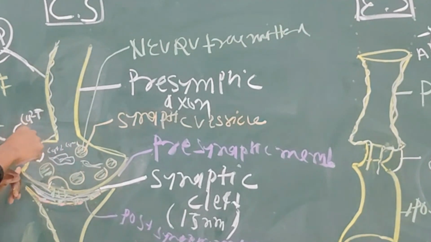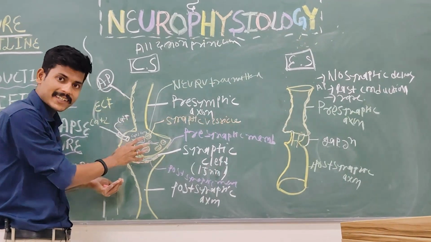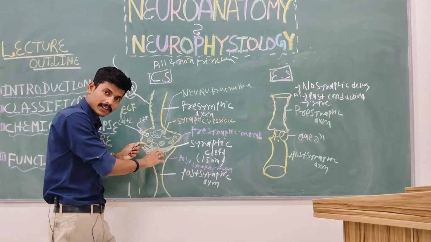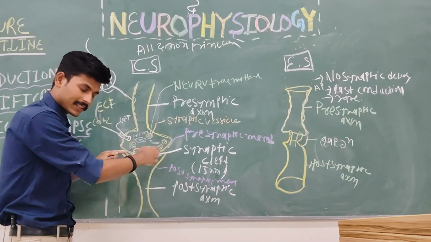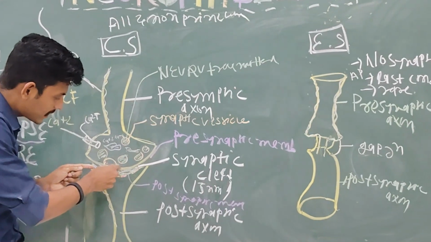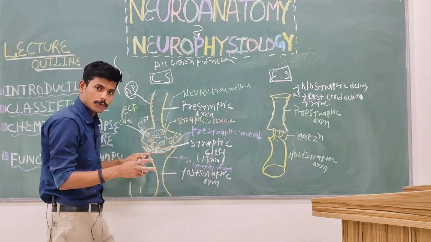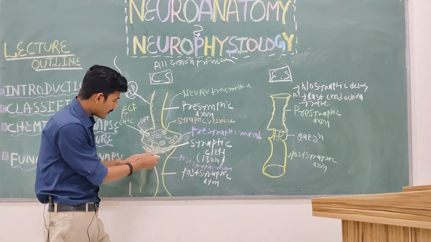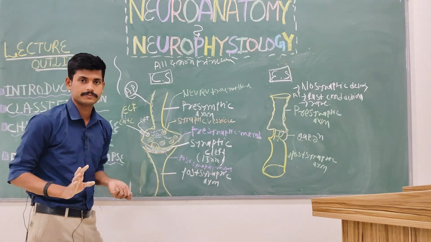There is an influx of calcium from the extracellular fluid, and due to this calcium, there is exocytosis of the vesicle and a release of neurotransmitter into the synaptic cleft, the gap between these two neurons. The neurotransmitters bind with their receptors, making the receptor-neurotransmitter complex, activating the axon, and the message travels.